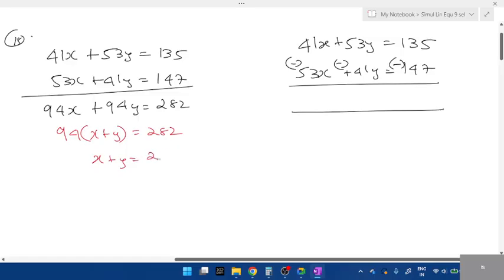X plus y is equal to 282 divided by 94. It goes 3 times, right? So what is x plus y? Now subtract it.